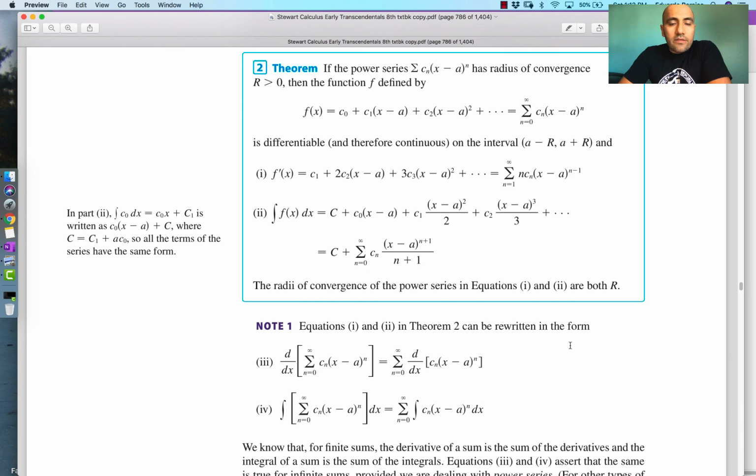Okay, so how is all of this going to be connected? We're going to go back to working with a power series function, and we're going to take the derivatives in the following way.